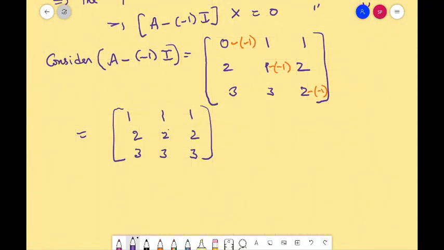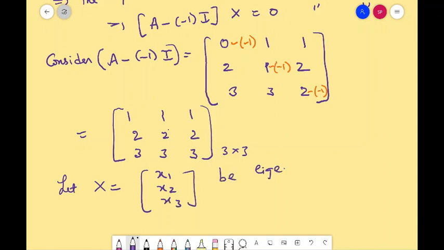Now what will x be? Let x be equal to x1, x2, x3, since it is a 3 by 3 matrix. This is the eigenvector, which is what you have to find.